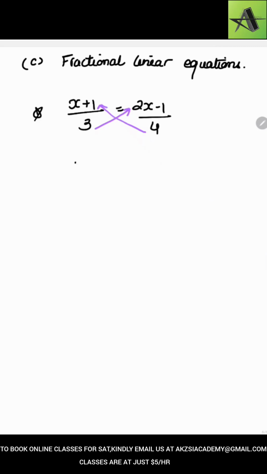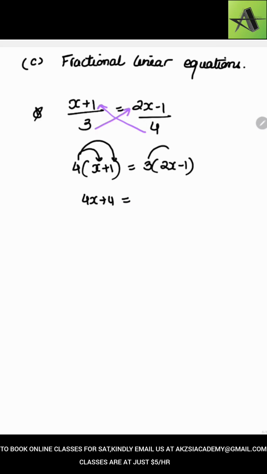So it will become 4 times x plus 1 equals 3 times 2x minus 1. Now we have brackets, so we have to expand these brackets. This will become 4x plus 4. Why? Because I have multiplied 4 with x and 4 with 1, equals. Now multiplying 3 with 2x, 6x, and 3 with minus 1, which is minus 3.